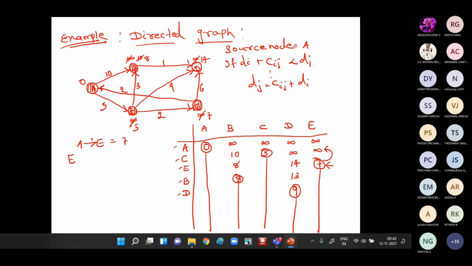Whether it is higher or lower, it doesn't matter. Any value, it should be changed. If nothing is changed, similar value means we no need to consider any lowest value for that given row. But here it is changing 7 to infinity. So in this row we have to find out the lowest point or minimum value, that is 5. 5 belongs to node C. So next node will be C.